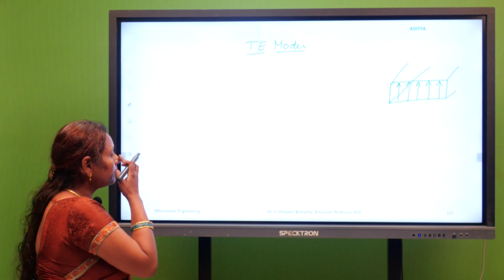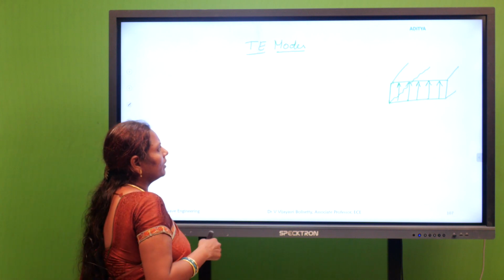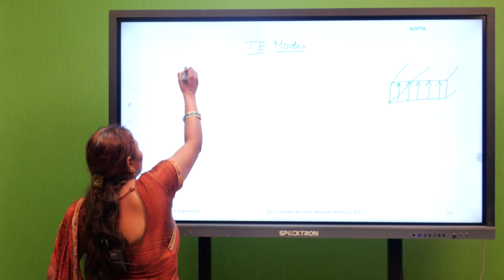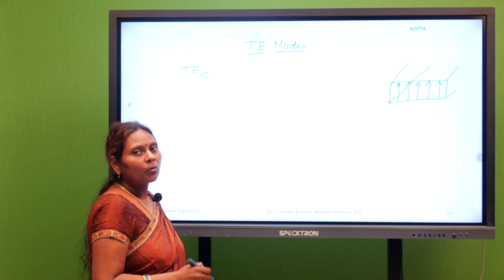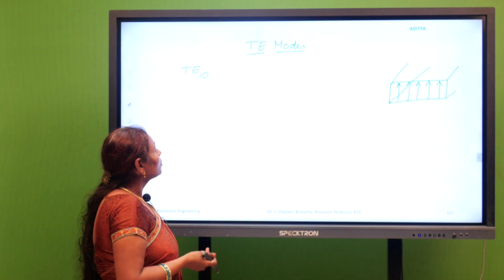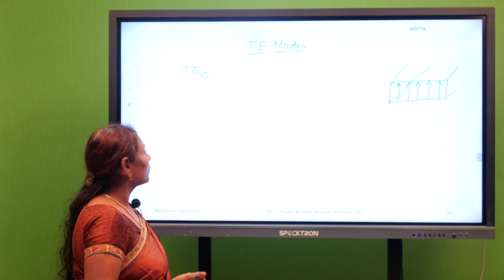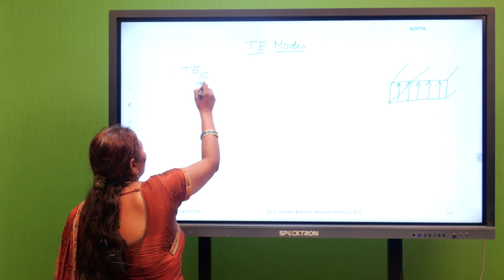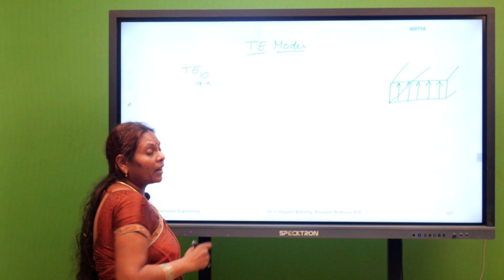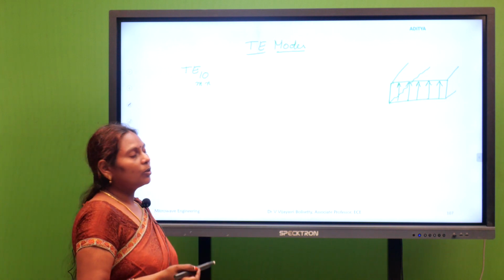In the last session we have seen TE10 is the dominant mode. So, we start from here. How can we draw the field patterns for the TE10? Here M is equal to 1 and N is equal to 0.